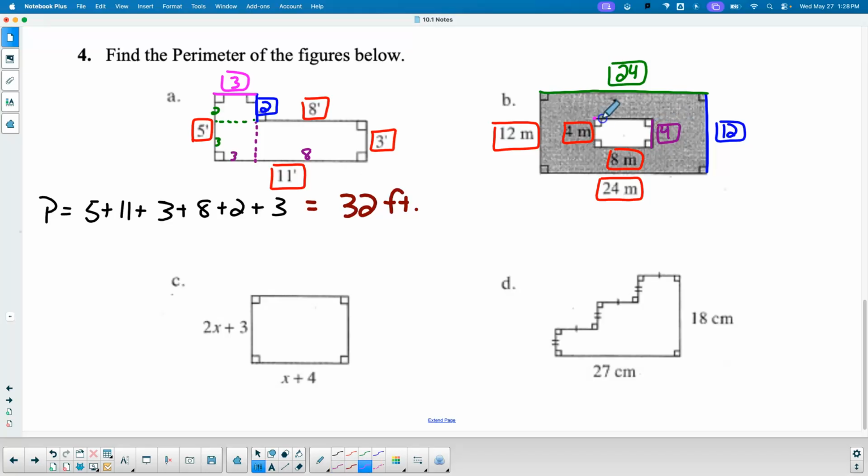And what's the pink length that we're missing? 8. Do I need to do both of those perimeters for this shape? Yay or nay? We have to add up all 8 of those boxed dimensions.